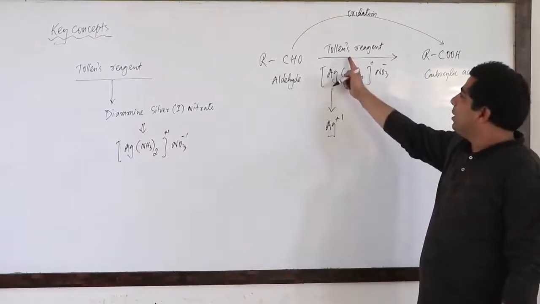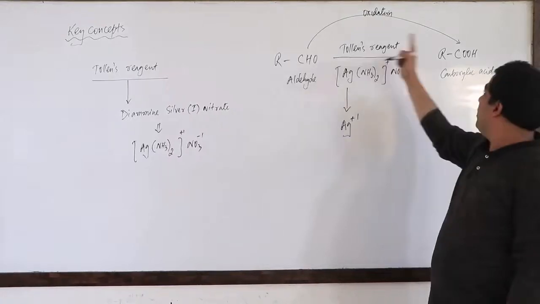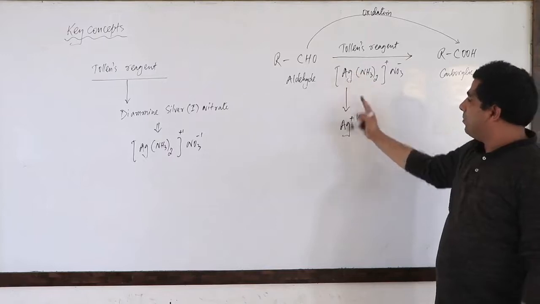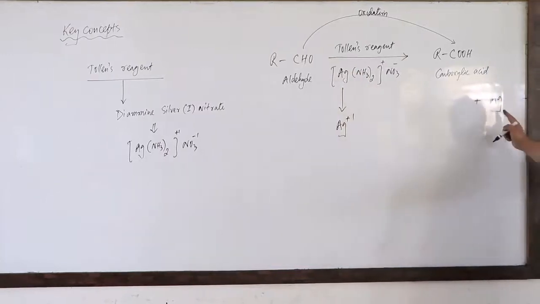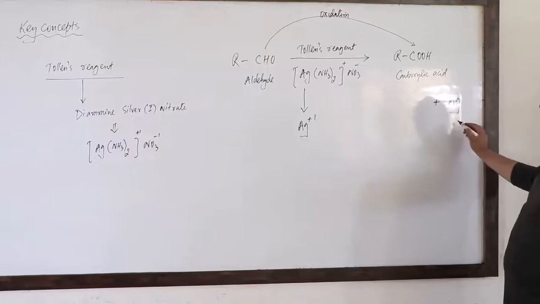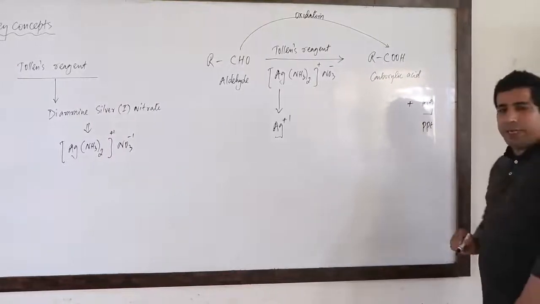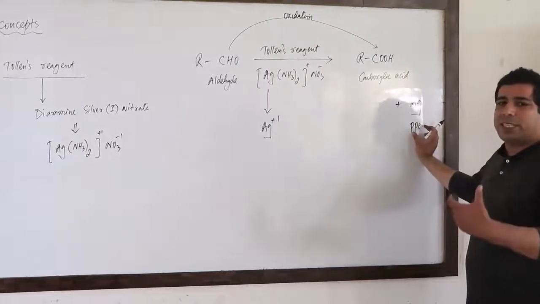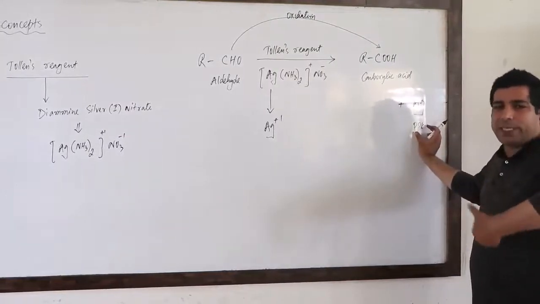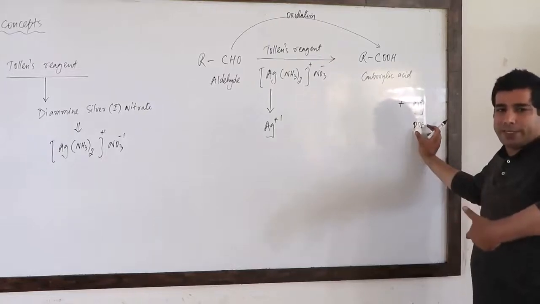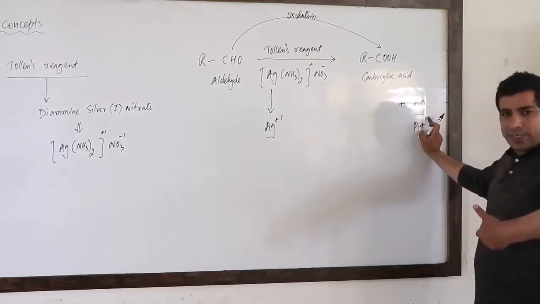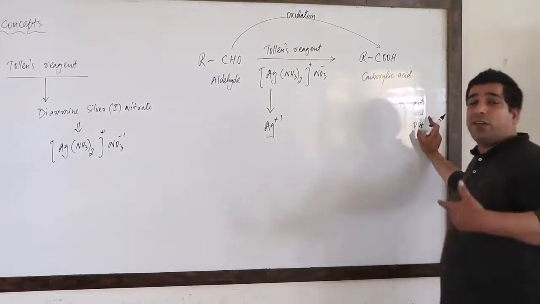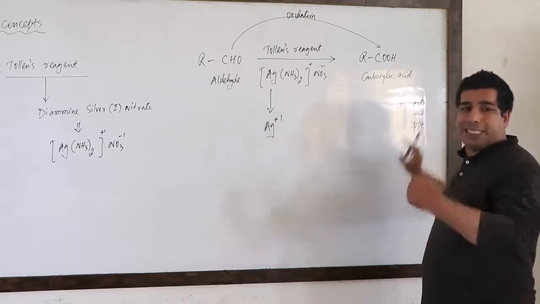When Tollens reagent converts the aldehyde into carboxylic acid, the silver +1 is converted into silver. That silver is a precipitate. It settles down or sticks to the internal surface of the test tube in which the reaction is taking place.